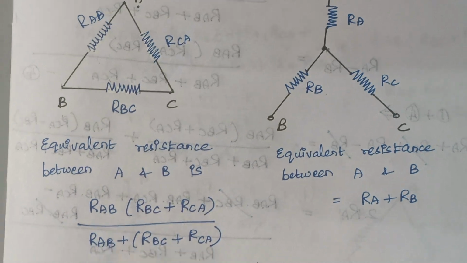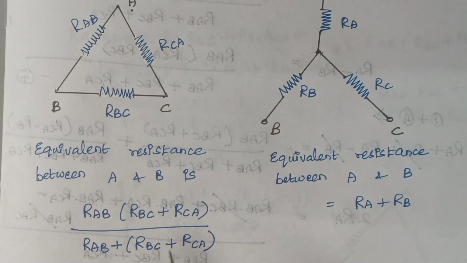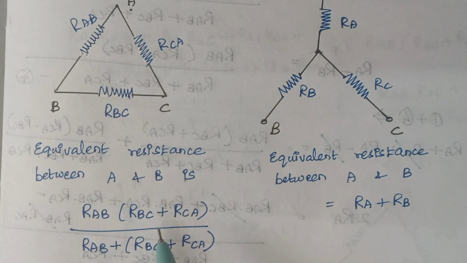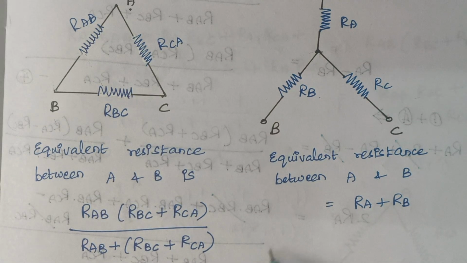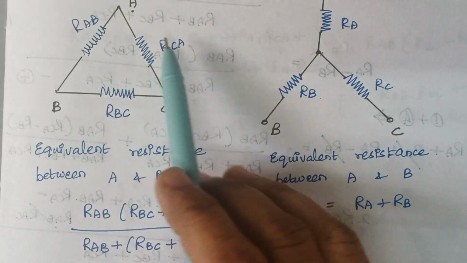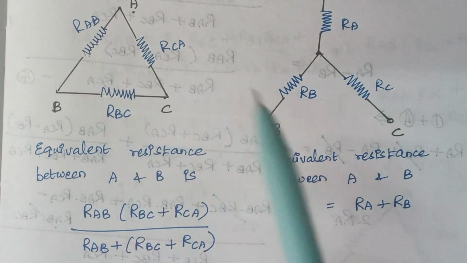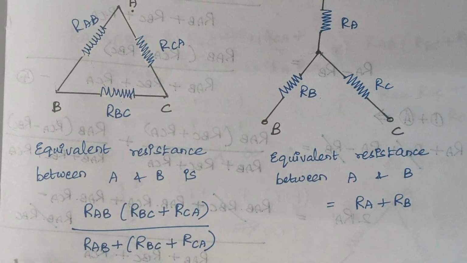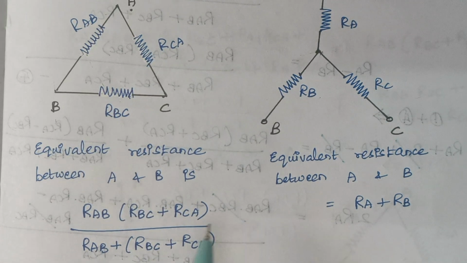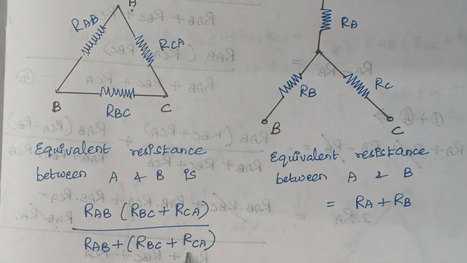When two resistors are in parallel, the formula is R1 into R2 divided by R1 plus R2. Here this is our R1 and this combination is R2. Therefore R1 into R2 divided by the total R1 plus R2.